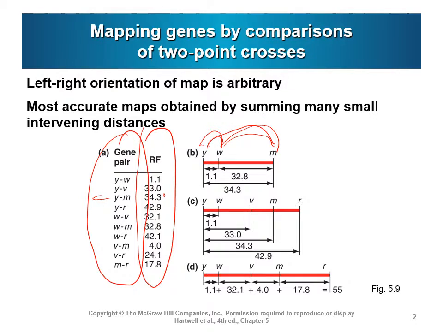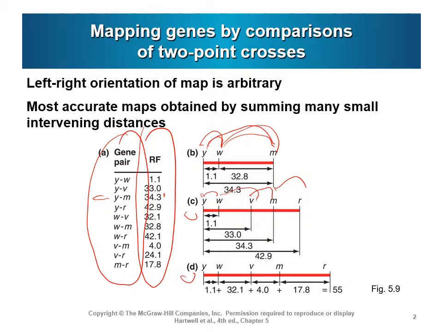The same situation goes for case C, where we have YW, WV, VM, and MR. The summing of these small pieces, which is given in D, will be 55.